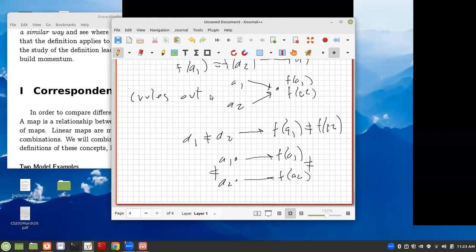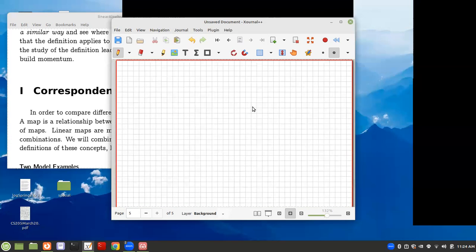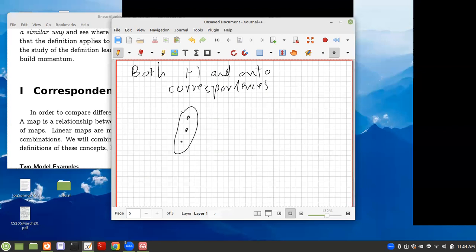Okay, well, then the last one is, what if you have both one-to-one and onto? Those maps are called correspondences. Let's look at one of those and see what the implications are. Here's a domain. Here's a codomain.